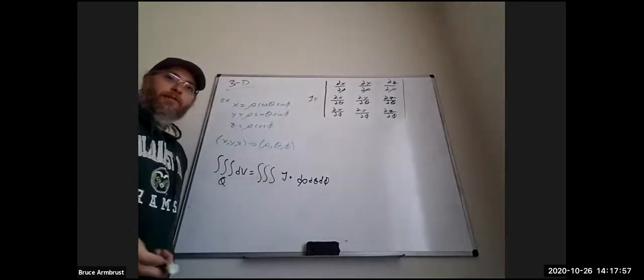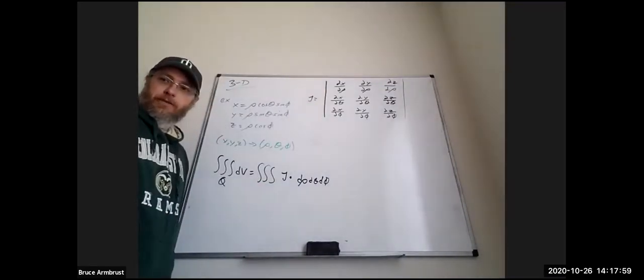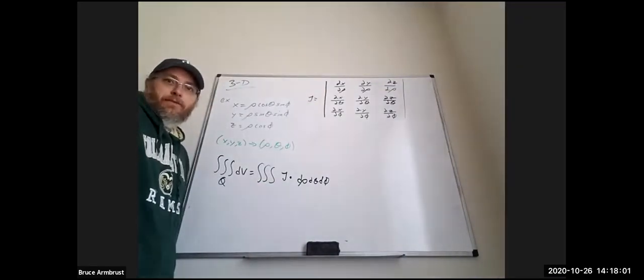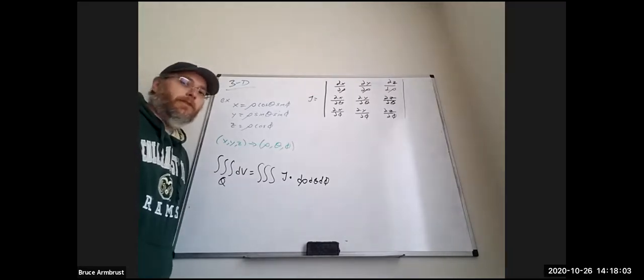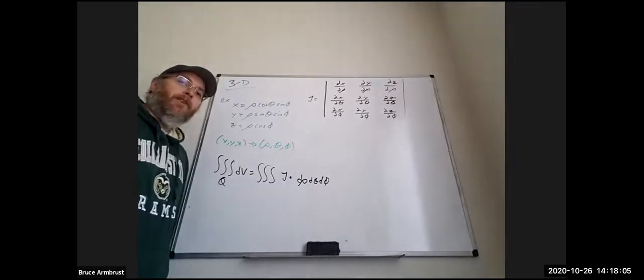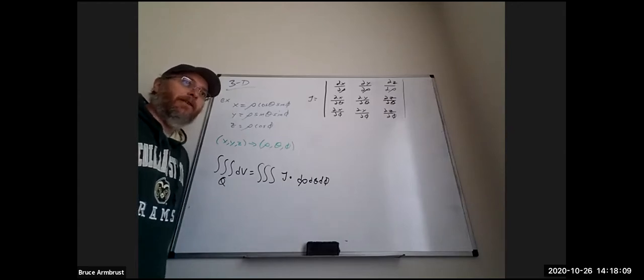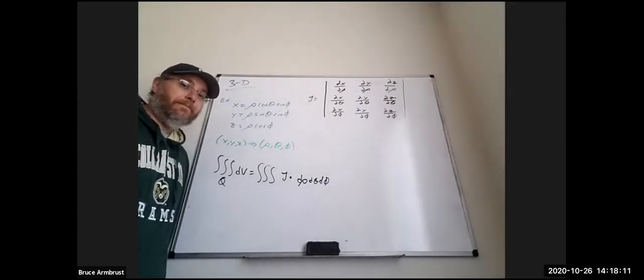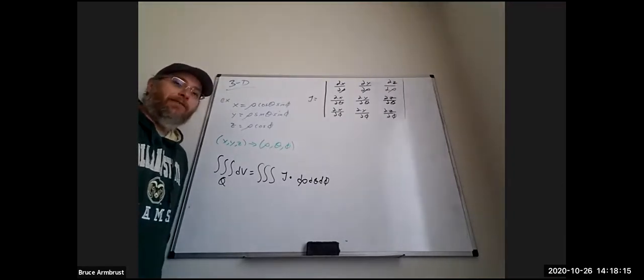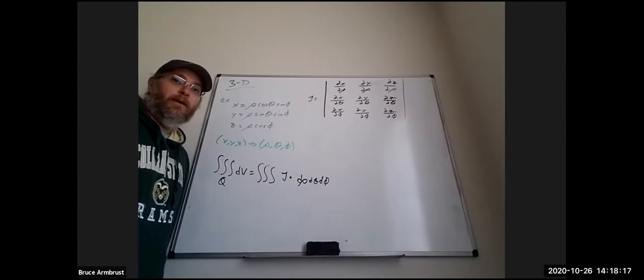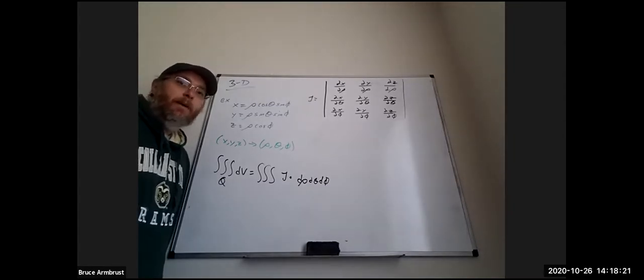And so the argument for the 3-dimensional case is really the same as with the 2-dimensional case. You may remember in the 2-dimensional case, we were looking at the area of a parallelogram. Well, in the 3D case, we're now looking for the volume of a parallelepiped.